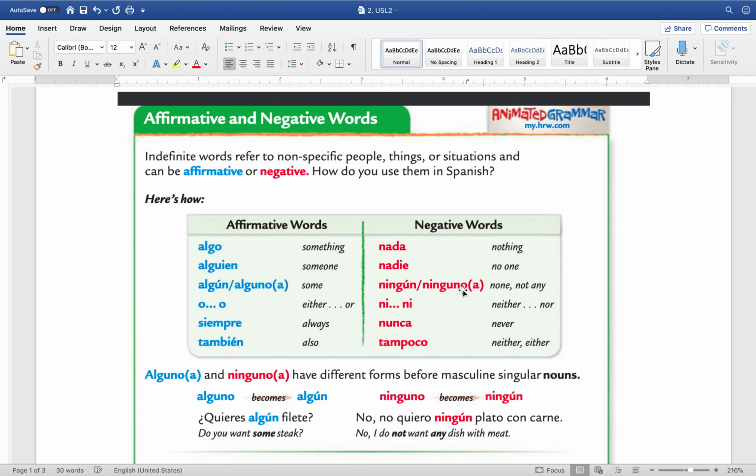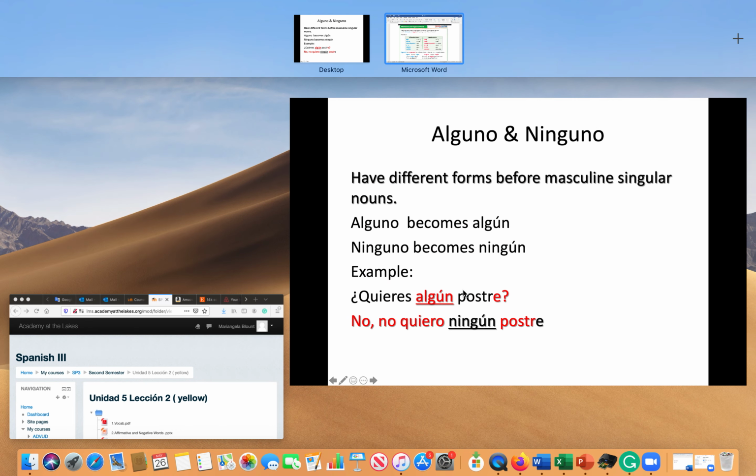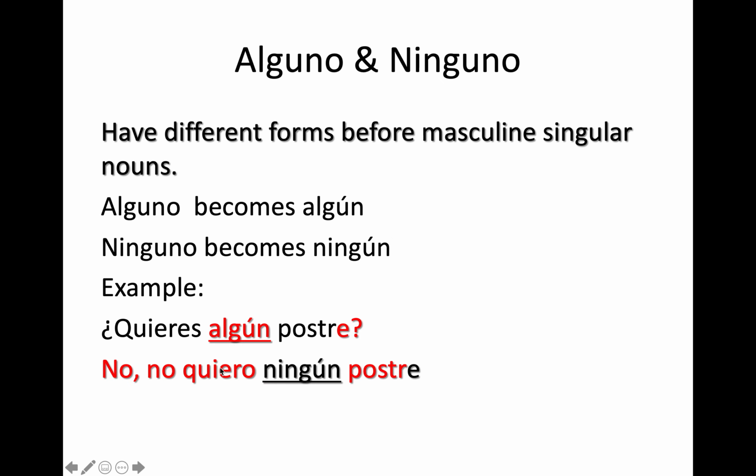Right here, none, okay? Because you don't want it, and you need to have the double negative. Now in Spanish, when you answer, you need to say no. When it's an answer, no, coma, no quiero ningún postre. Now here, see, there's no O because postre is masculine and it's only one.